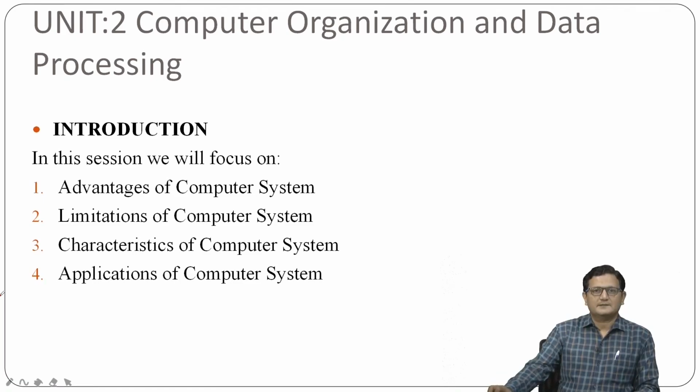In this particular session, we will discuss the advantages of the computer system, why we are using a computer, what the limitations and disadvantages are, what the characteristics of the computer system are, and what the areas of application are, where we are using computer systems. We will look at the different areas where a computer system is used.